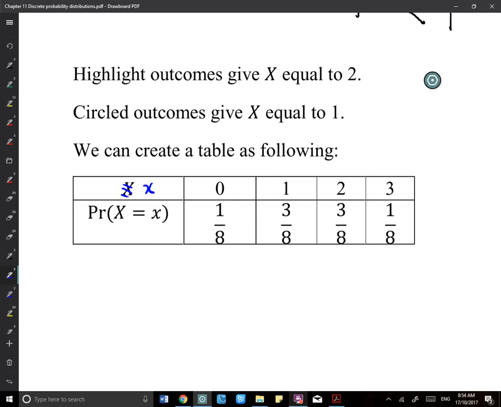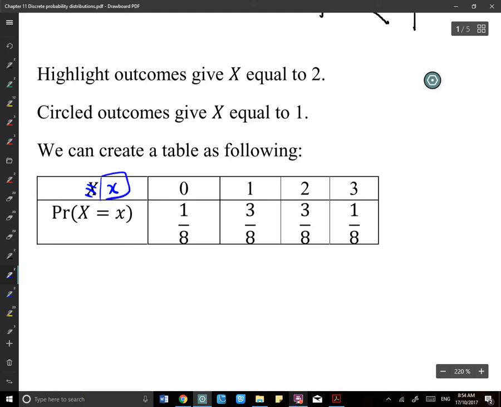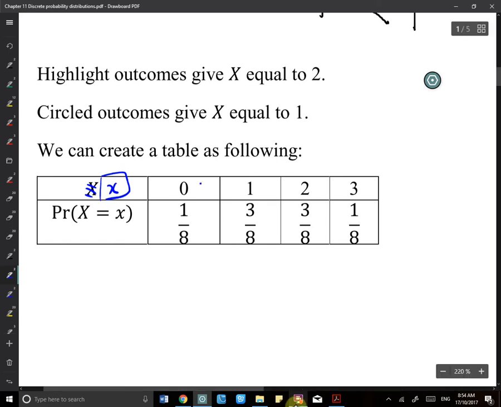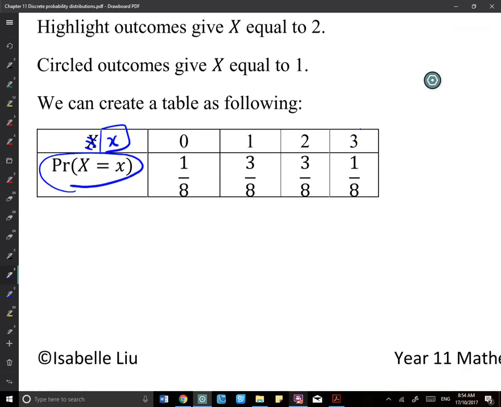So how do I find those values? First of all, is the notation. The top one is a lowercase x because that means the particular x you will take. Your x can be 0, 1, 2, or 3. The next notation here is very important. It is the probability that capital X equals lowercase x.